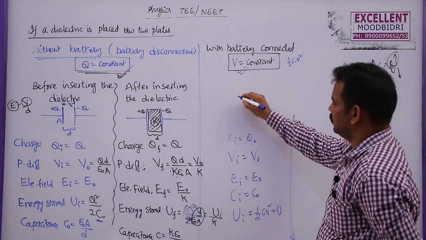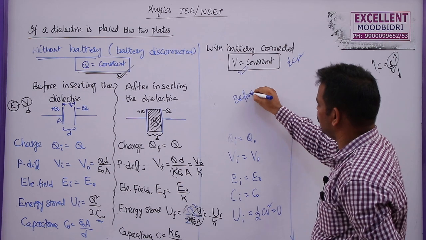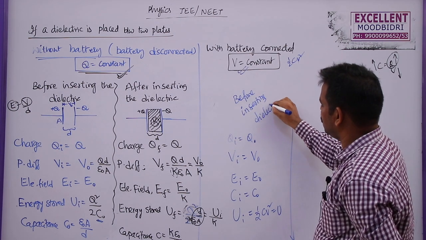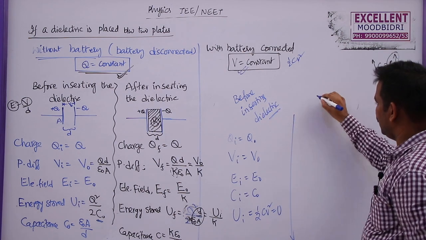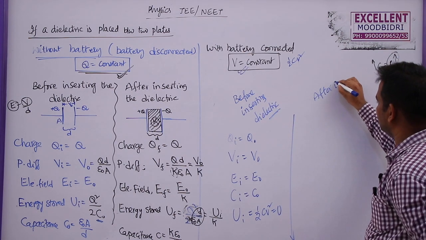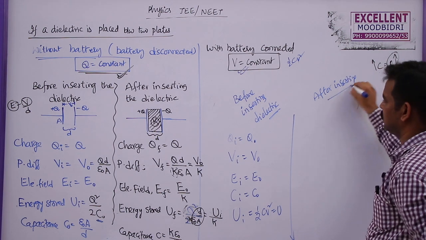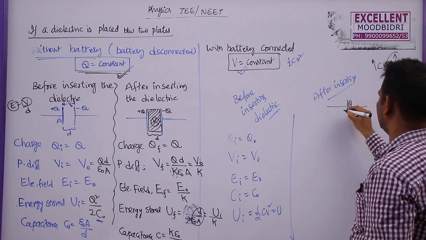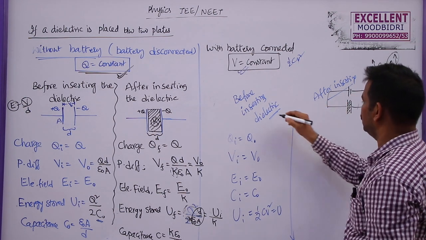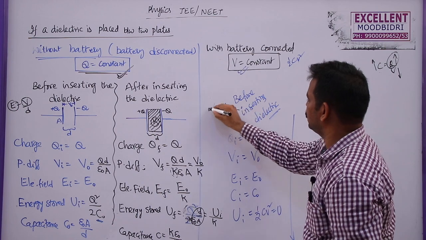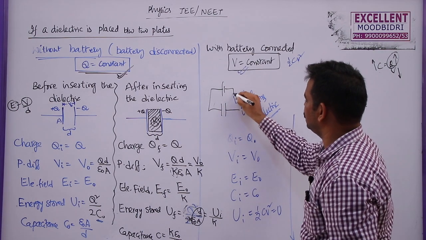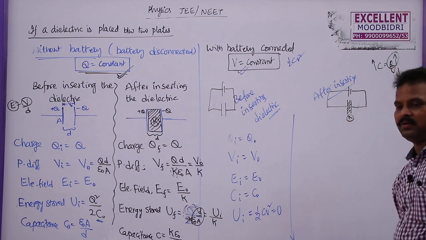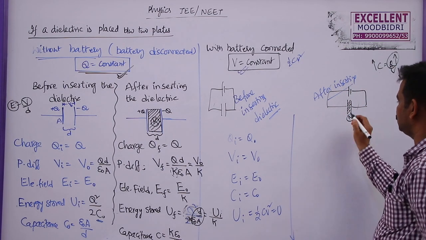This is before inserting the dielectric. Now after inserting the dielectric, the battery is not disconnected; it is connected, but the dielectric is placed between the two plates. So what happens to the charge?